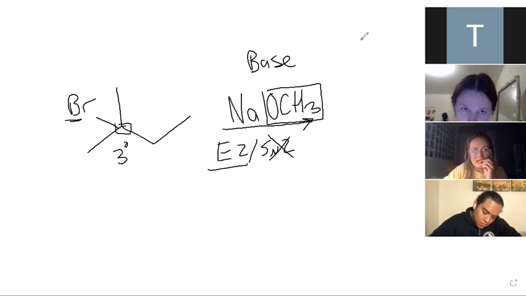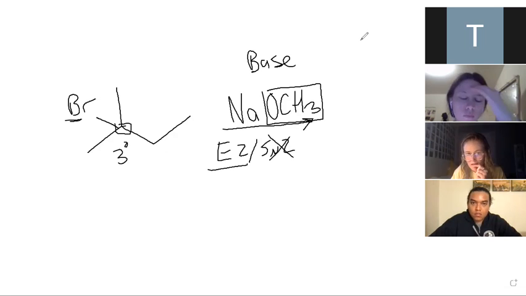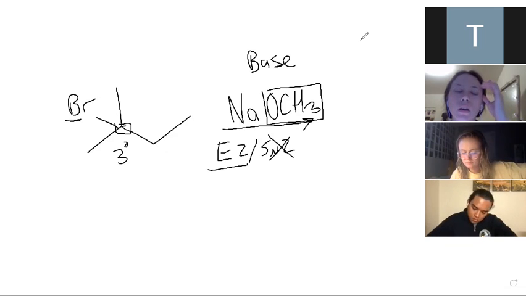Now the next question is, is this going to be a Zaitsev elimination or is it going to be a Hofmann elimination? So OCH3, is it going to be a small base or a bulky base? I gave you the things to watch out for. So what two functional groups did I tell you to watch out for if it was a bulky base?